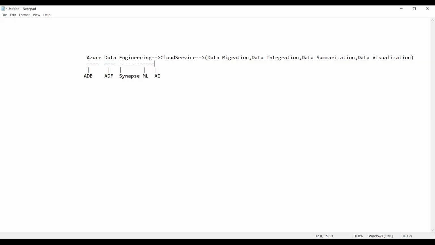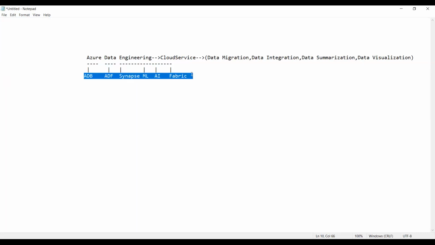You also have a service introduced very recently called Azure Fabric. Azure Fabric is just like ChatGPT, where the code will be automatically generated by the system. So these are all the services of Azure data engineering.